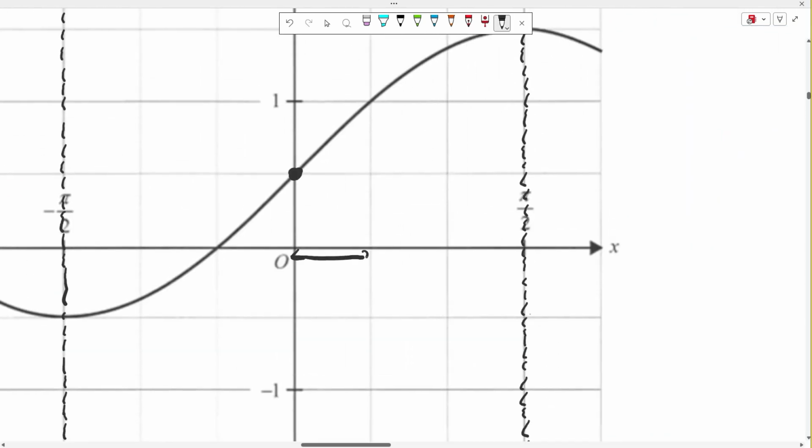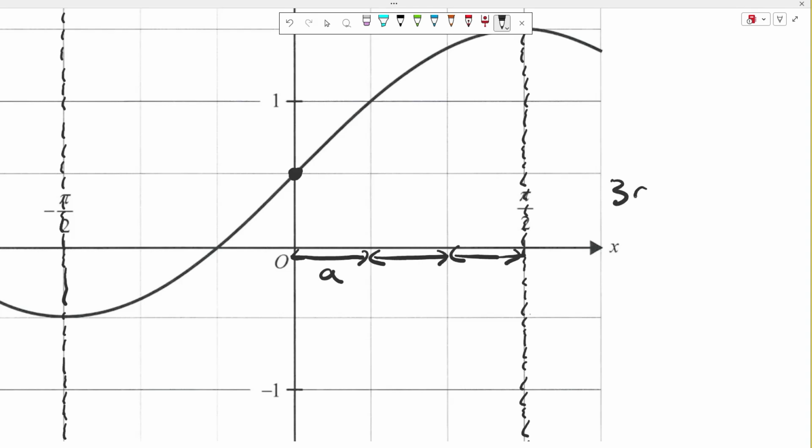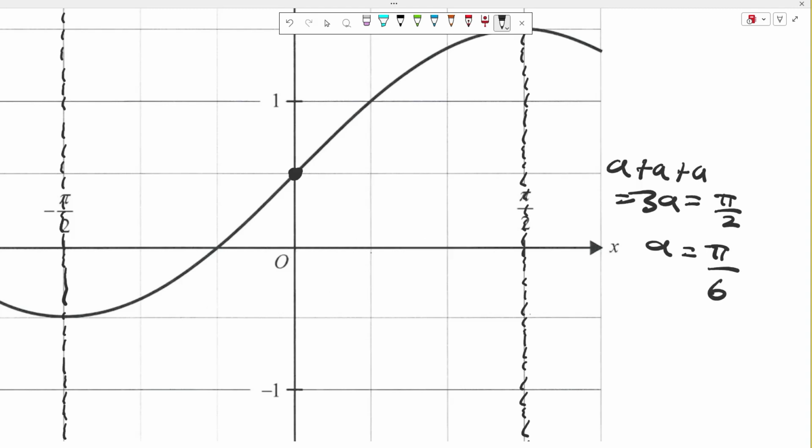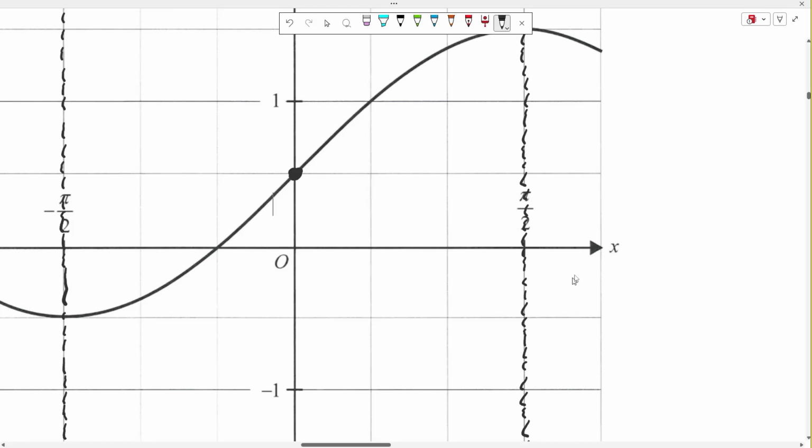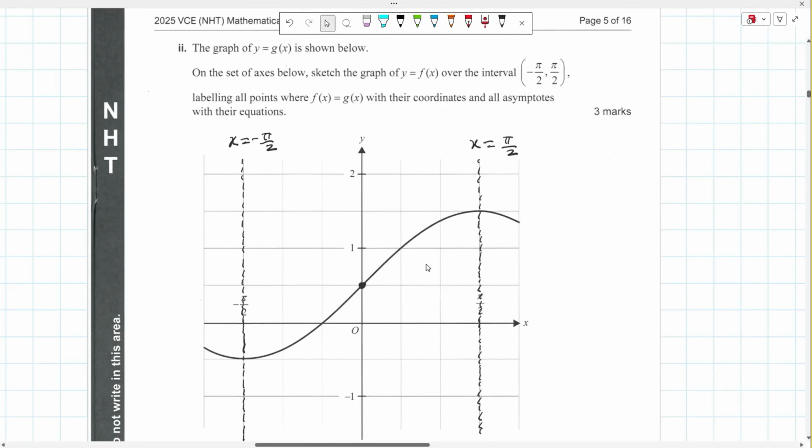This here, let's just call that a. So 3a, because a plus a plus a is 3a, is equal to pi on 2. So a by itself is pi on 6. So each little horizontal step in the box is pi on 6.